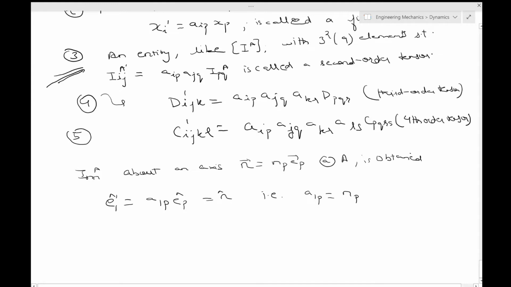Now Inn at A will be equal to I11 of A dash.